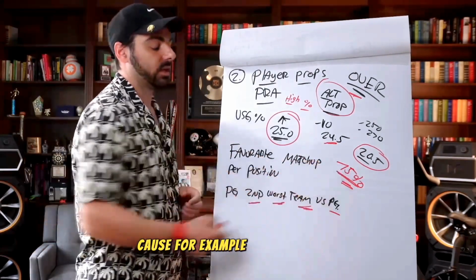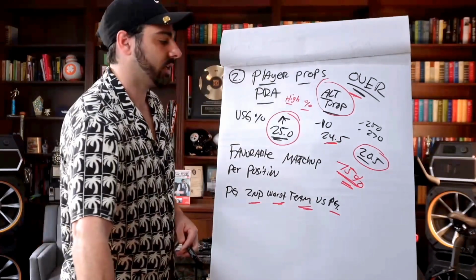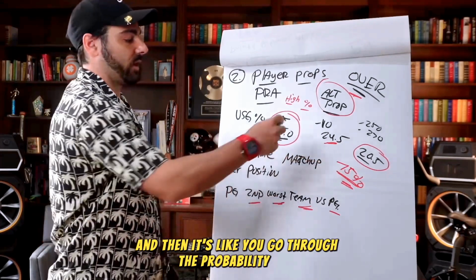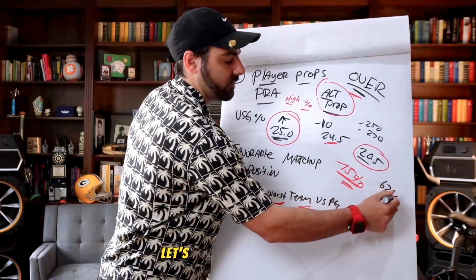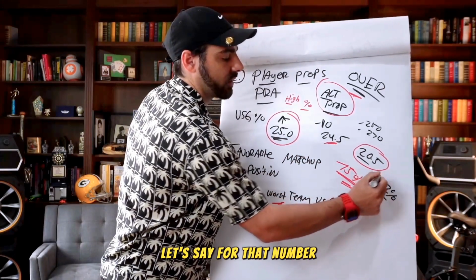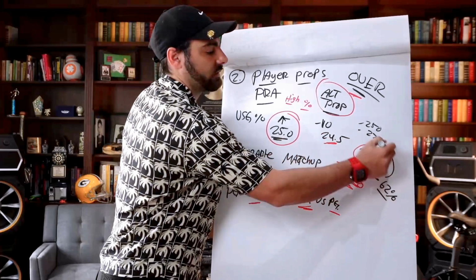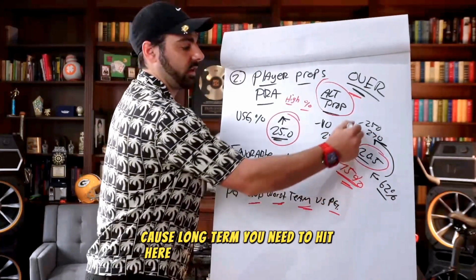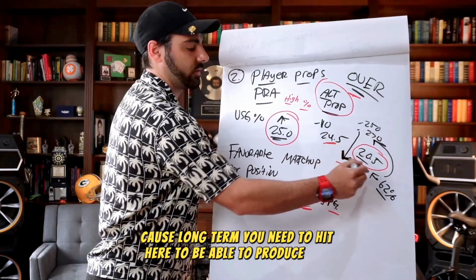Because for example, this line right here, let's say it's minus 250 or minus 270, and you go through the probability here, and the probability is like 62%, let's say, for that number. That's not going to jive with these odds. Because long term, you need to hit here to be able to produce, not there.